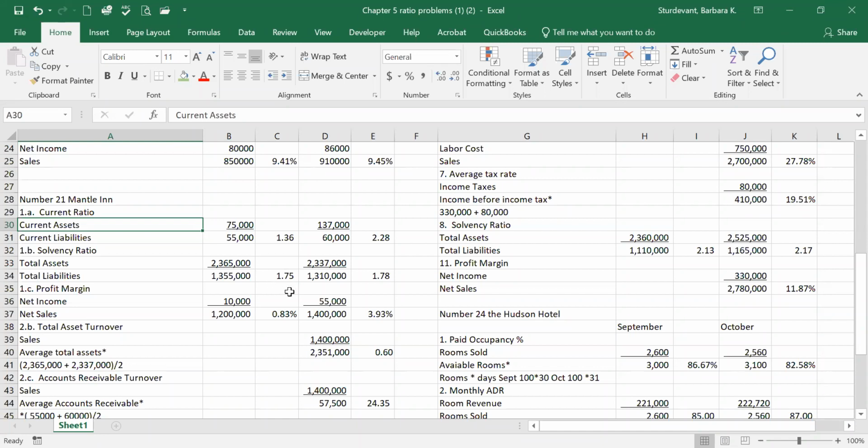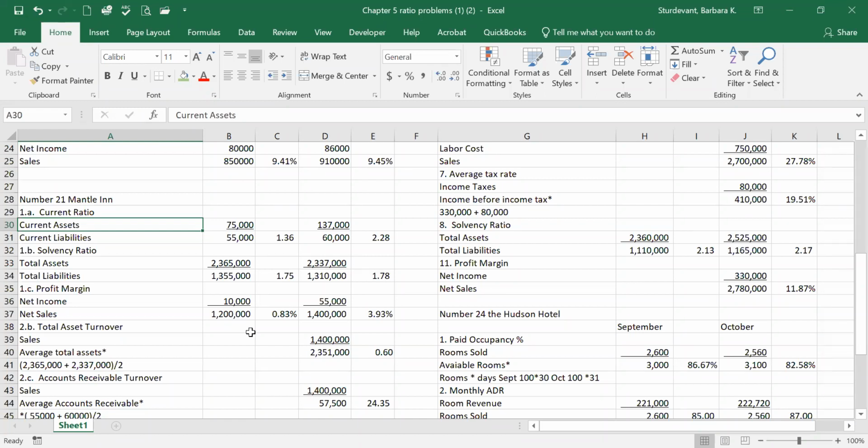So if you're a creditor, that's a good thing. If you're a stockholder, you may want more of it financed by debt, because then your share is, you would get more dividends, etc. But usually, again, and it depends on industry.